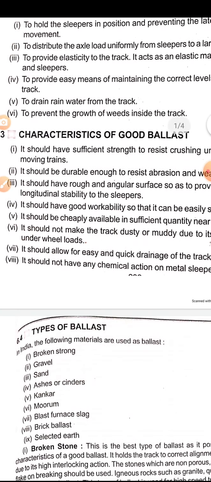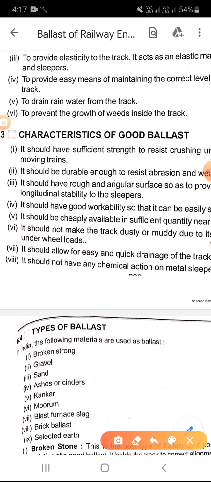Characteristics of good ballast. It should have sufficient strength to resist crushing under heavy loads of moving trains. It should be durable enough to resist abrasion and weathering action.